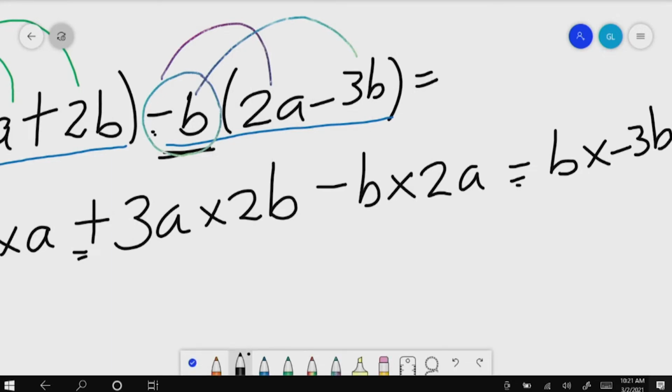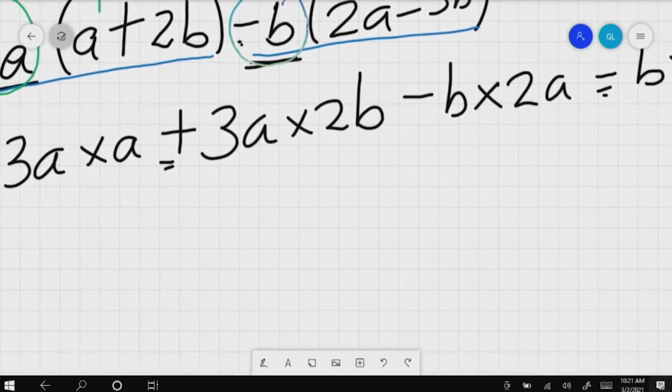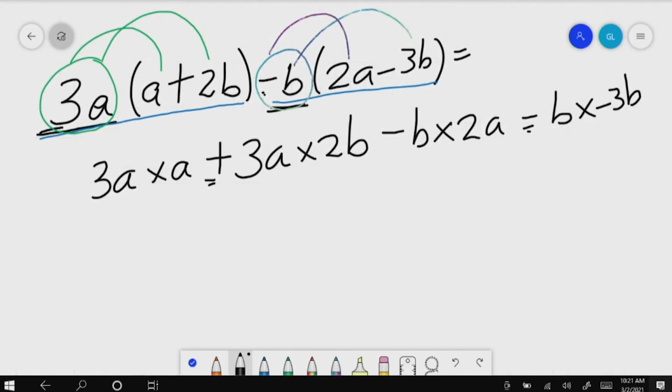In simplifying, we would have had 3A times A give us 3A squared, multiplying the quantities. When the base quantities are the same, we add the power, applying the laws of indices.